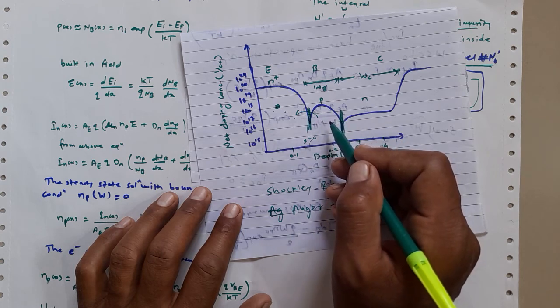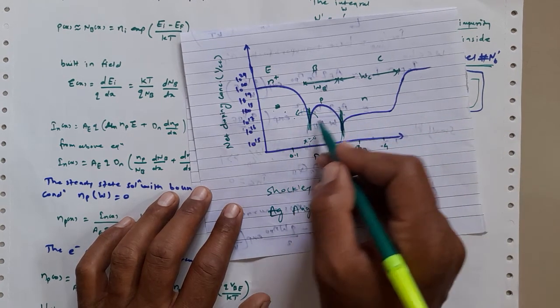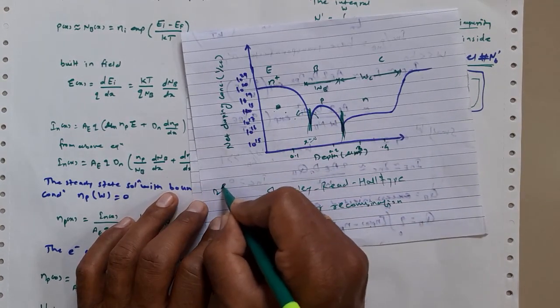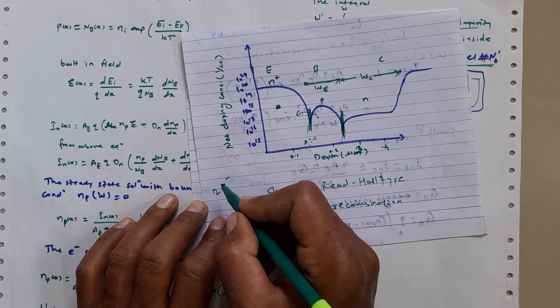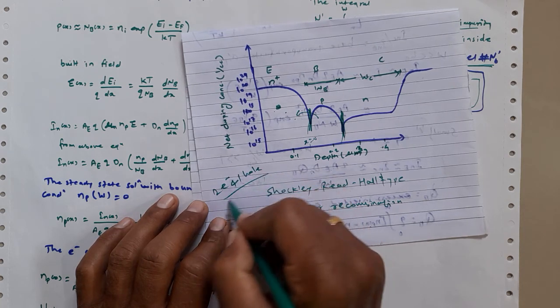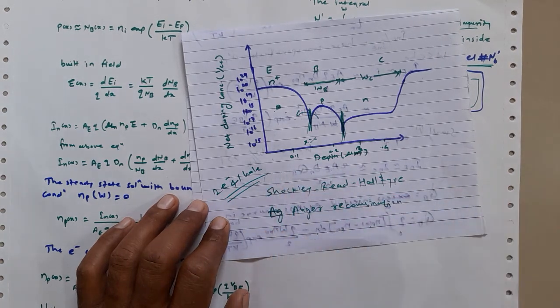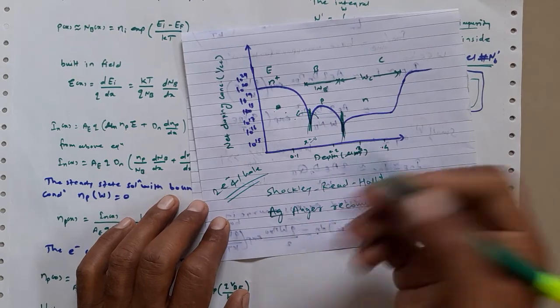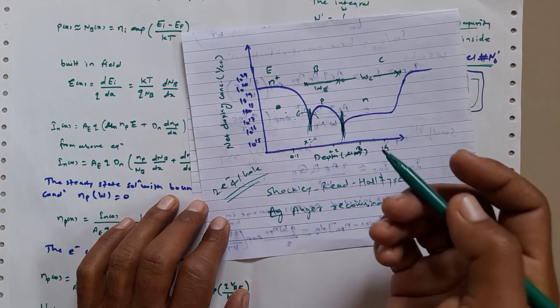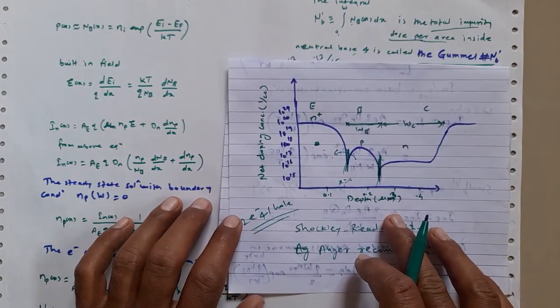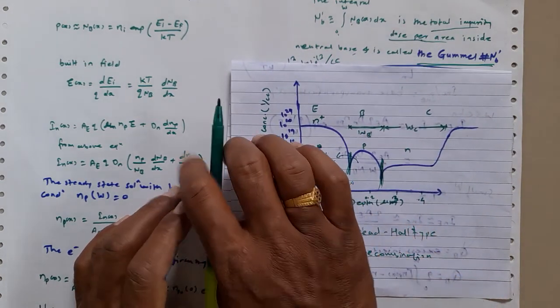In such a process, two electrons and one hole take part in the recombination. It is the inverse process of avalanche multiplication. This is all about how to improve the base transport factor.